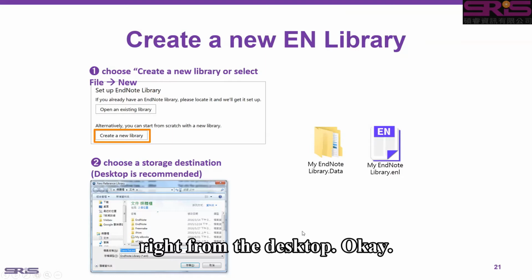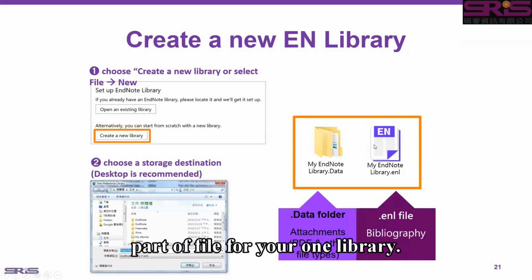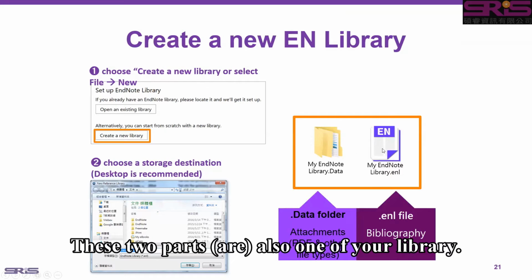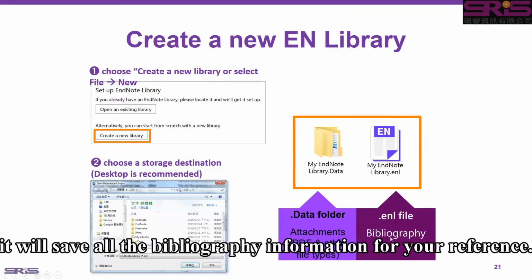Okay. So you will create two parts of files for your one library. These two parts together are one of your libraries. This one is the ENL file. It will save all the bibliography information for your references.